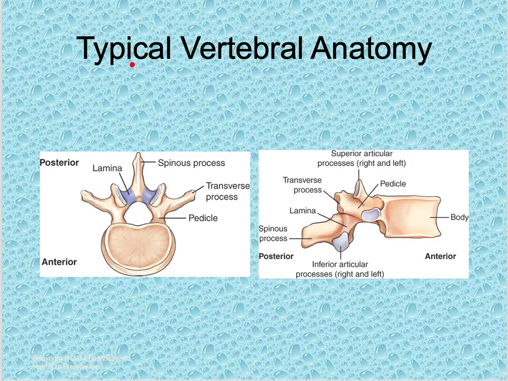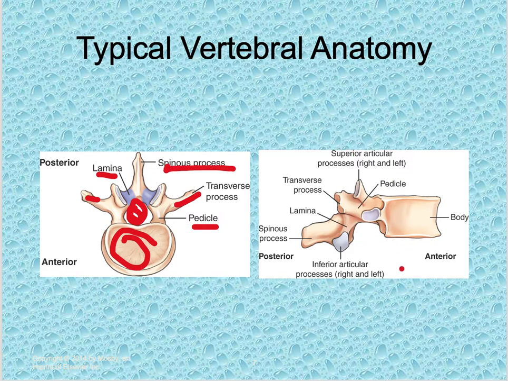So typical vertebral anatomy. Once again, like I said, there's the pedicle, there's the lamina, and then our spinous process here. We have the body right here. That's the vertebral foramen for the spinal cord, the spinal canal that we sometimes say, and then our transverse processes.